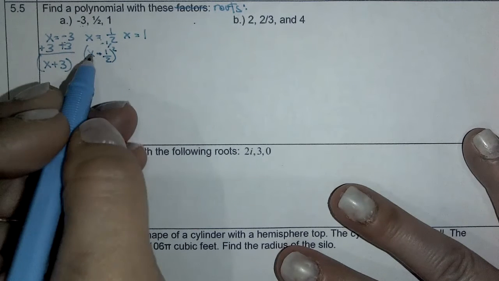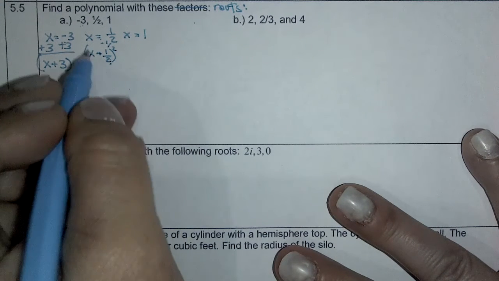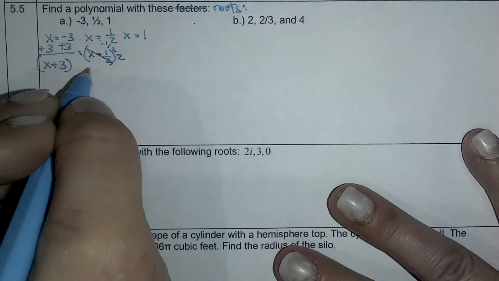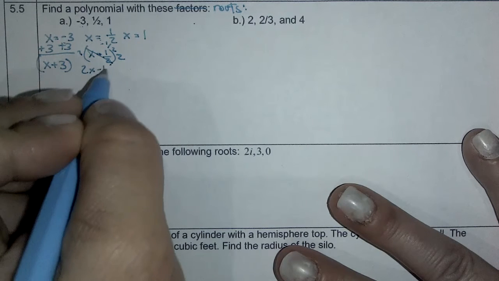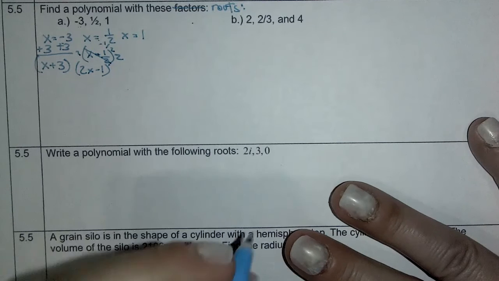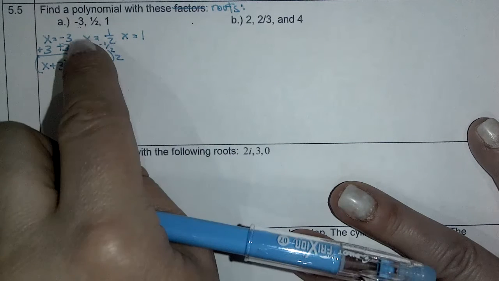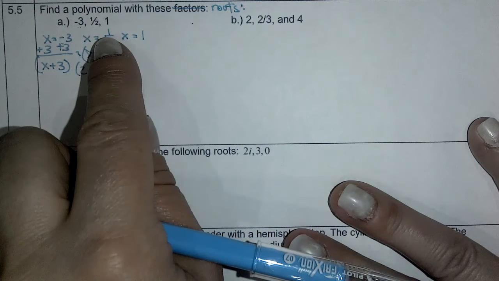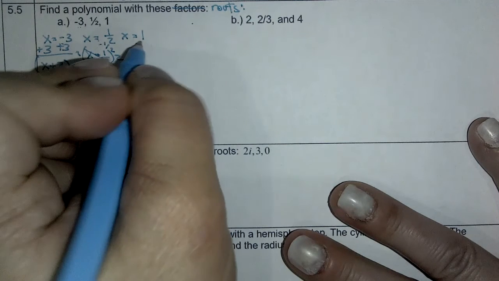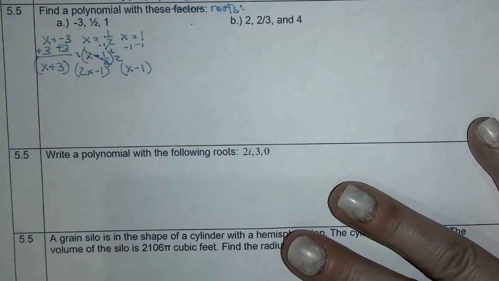I don't like working with fractions, so I'm going to multiply the whole thing by 2, and I get 2x minus 1. That's the same exact thing. You could also do it from here by multiplying everything by 2 first and then subtracting 1. Either one works. And here I'm going to subtract 1 from both sides, and I get x minus 1.